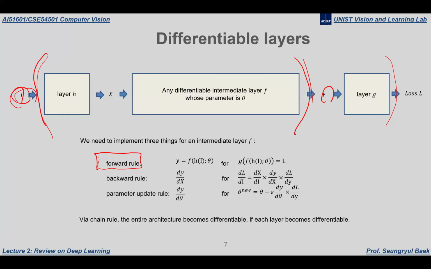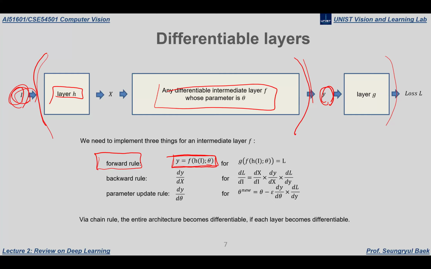This represents how the output Y comes from the initial input image I. We first apply the layer H, and then apply layer F, whose parameter is the vector. So this is the mathematical function that describes how we obtain Y, the deep learning algorithm's output, from the initial input I.